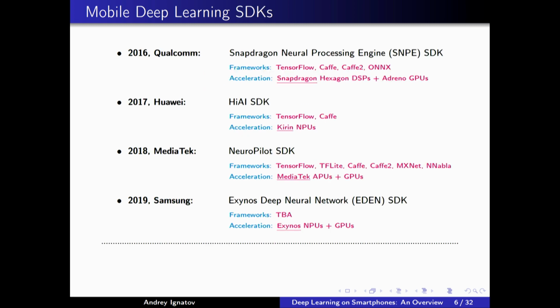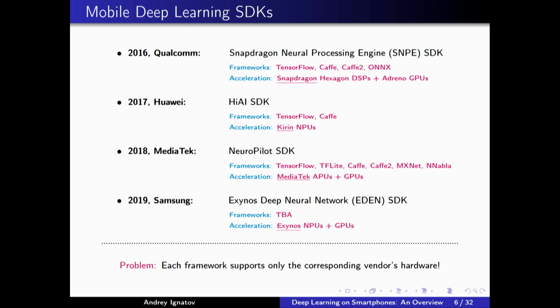TensorFlow Mobile. After the release of TensorFlow Mobile, all SoC vendors presented their own solutions, their own SDKs for accelerating neural networks on their platforms. And with these SDKs, it finally became possible to significantly speed up AI inference on smartphones, on mobile devices.